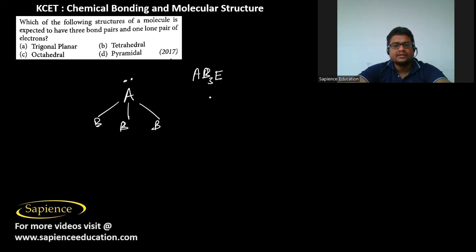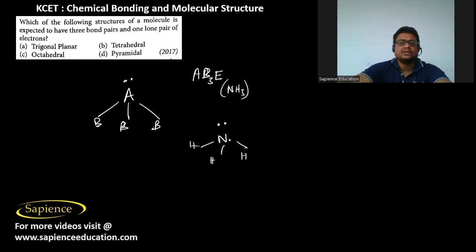For example, it can happen in case of NH3, ammonia, where one lone pair is there on the nitrogen atom and three bond pairs are there.